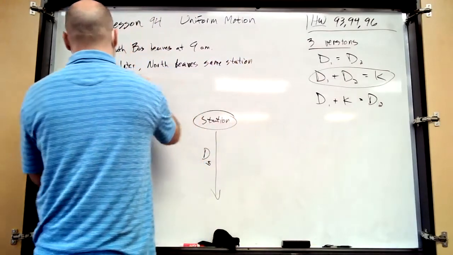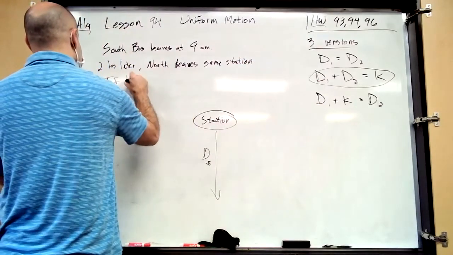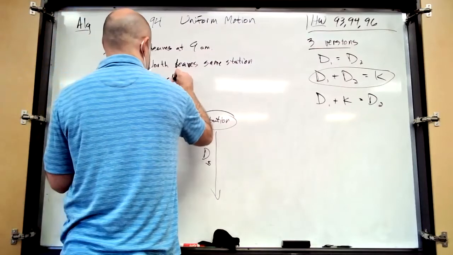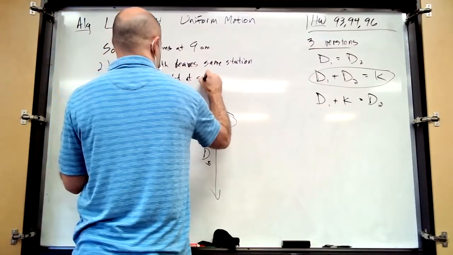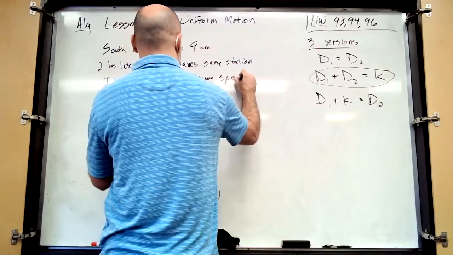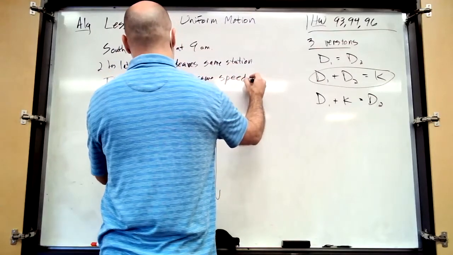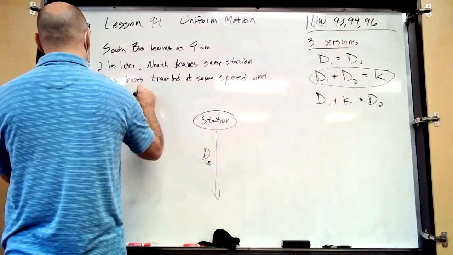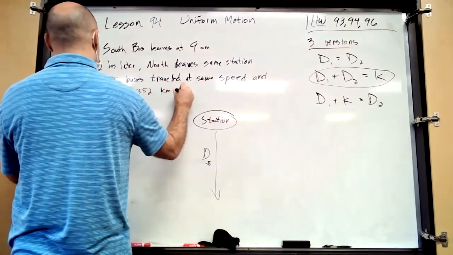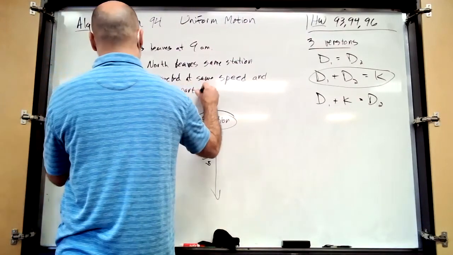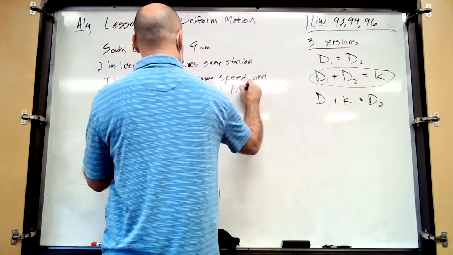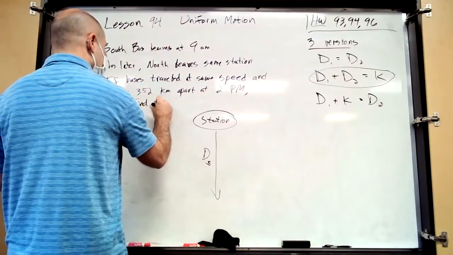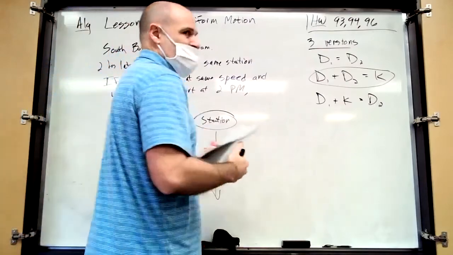If the buses traveled the same speed and were 352 kilometers apart at 2 p.m., find their rates.